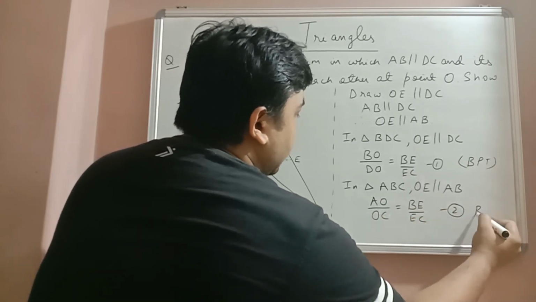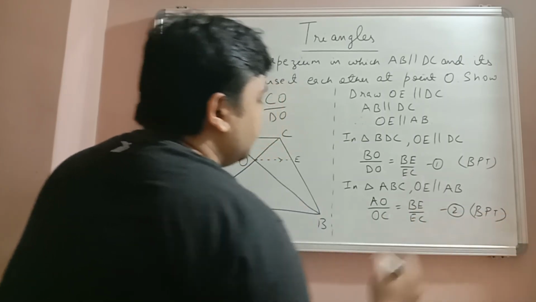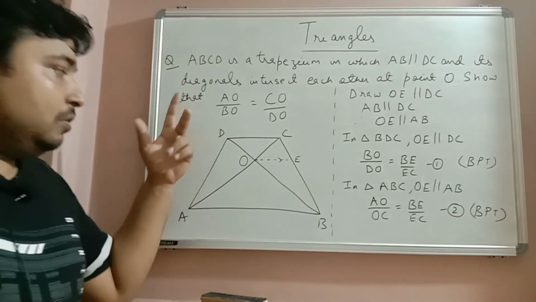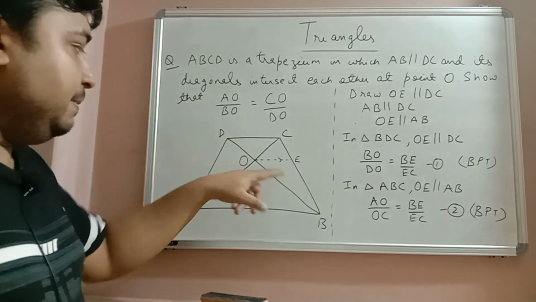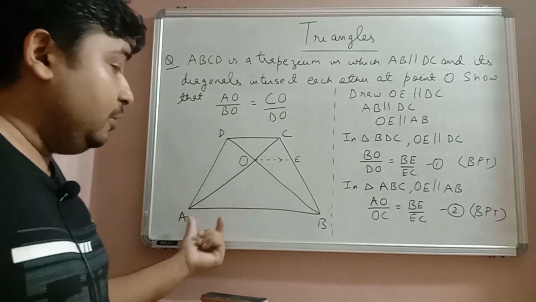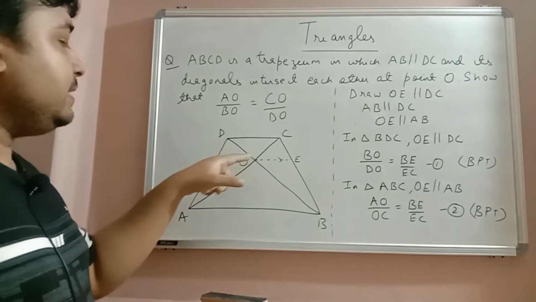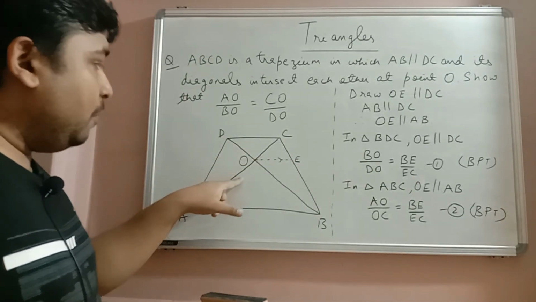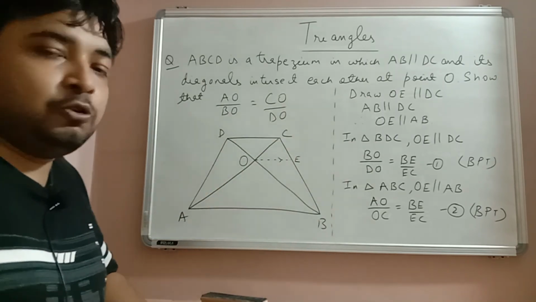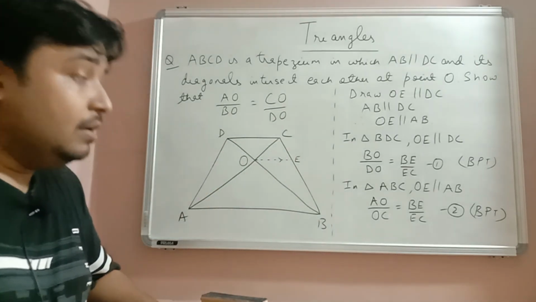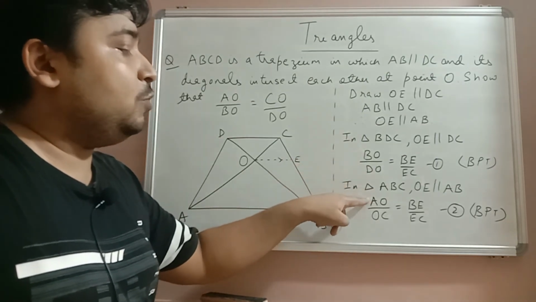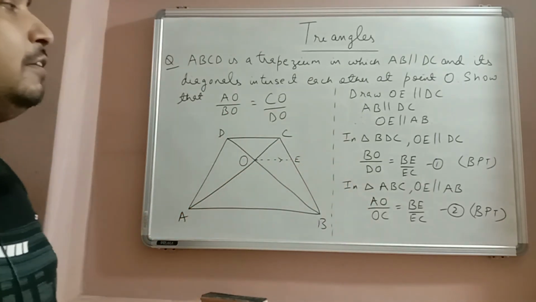Equation number 2, again by BPT. So we conclude that in triangle ABC, OE is parallel to AB, and therefore AO upon OC is equal to BE upon EC by the basic proportionality theorem. Now from 1 and 2 easily we can conclude that BO upon DO is equal to AO upon OC, and that is what we need to prove.